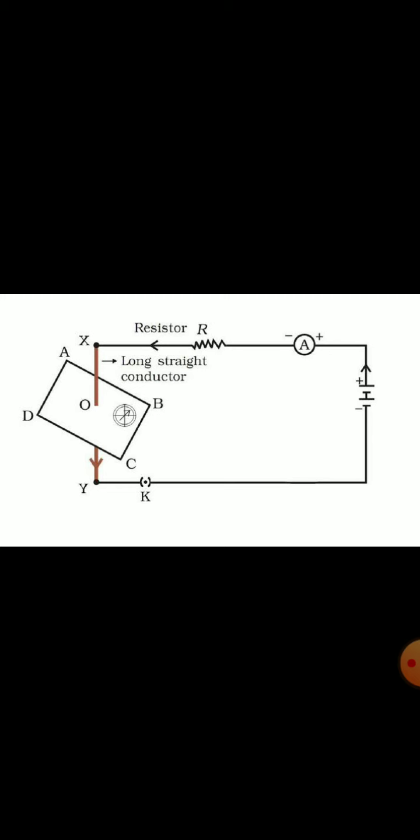For what are we doing this activity again? This activity we are going to do for knowing the direction of the field. By activity 13.1, we observe that it produces magnetic field. But what will be the direction of that field? That we will understand now.